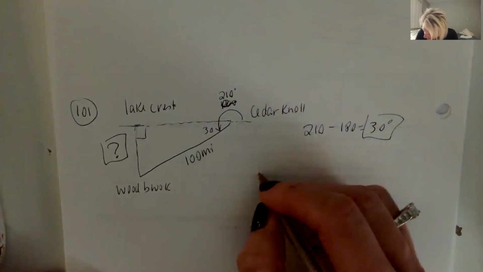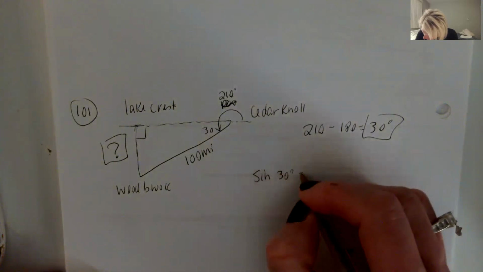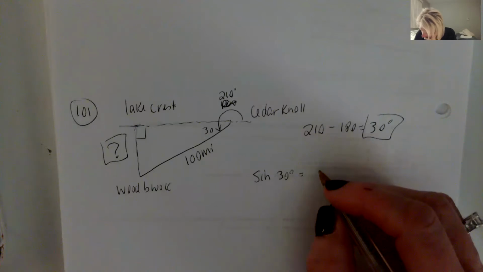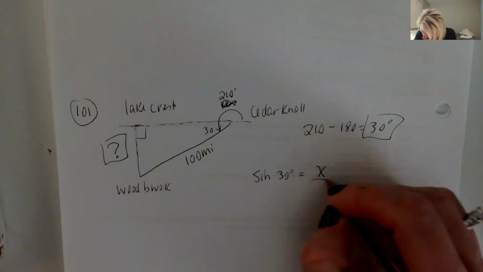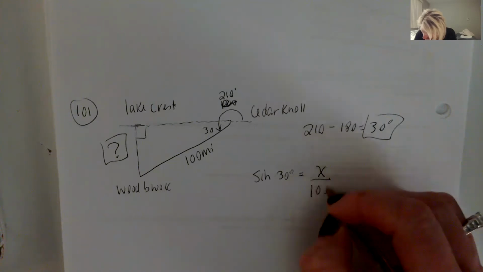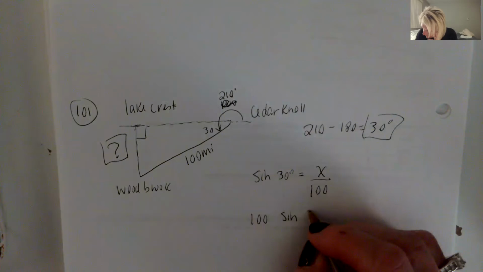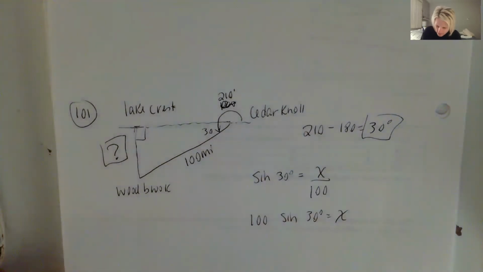So that should be the sine of 30 degrees. And it is, sine is opposite over hypotenuse. So x is opposite over 100. So 100 times the sine of 30 degrees should give me x.